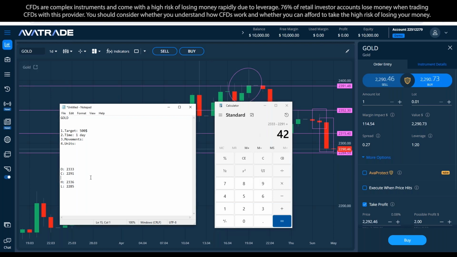Therefore, yesterday gold closed $42 higher than it was in the beginning. And the whole difference was 51. Does this make sense? Yes, it does. Right?